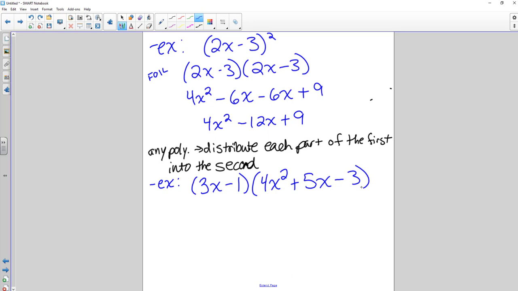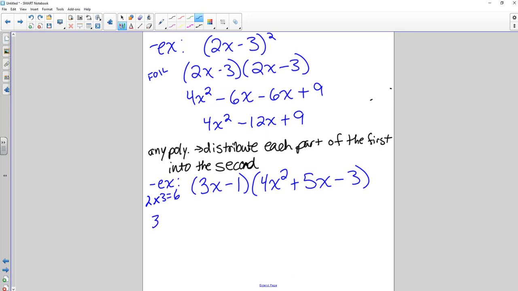Okay, so how I'm going to do this is I've got a binomial by a trinomial. So actually before I do this, let's think about how many terms I should get. I should get 2 times 3 equals 6. So when I multiply this out, I should end up with 6 terms before simplifying. So to do this, like I said, I'm going to distribute each part of the first into the second.